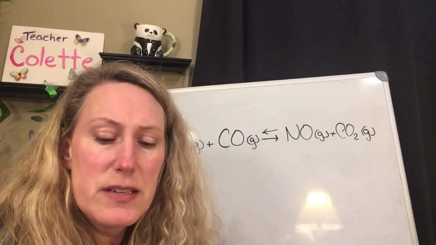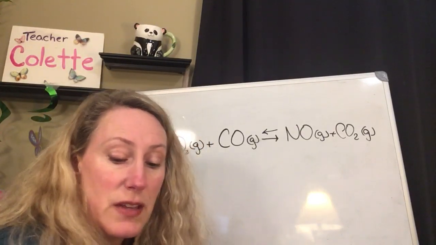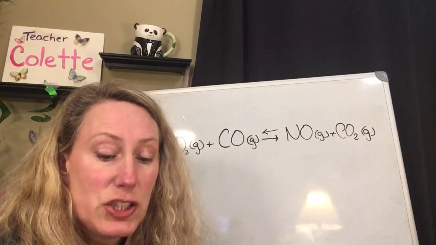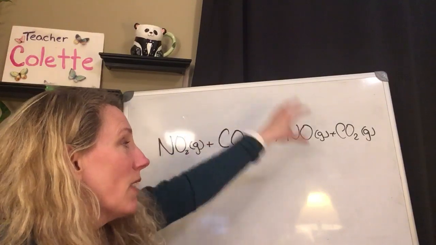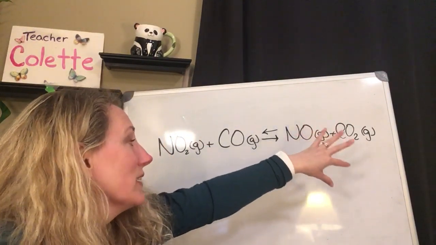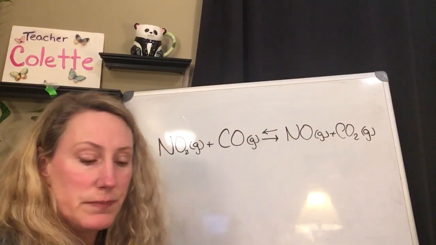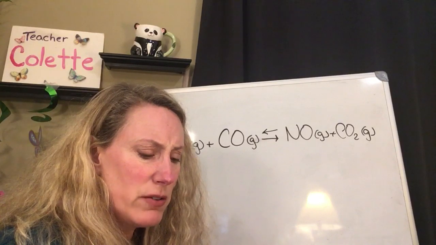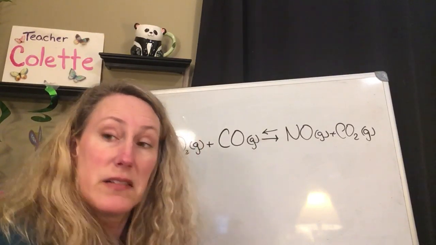When we did the lab that was on YouTube, they also said that some reactions can be more weighted for the product side, and some reactions are actually weighted more for the reactant side. So we're going to find out today how to figure out the equilibrium constant.